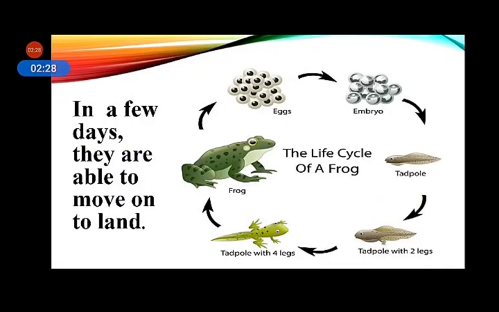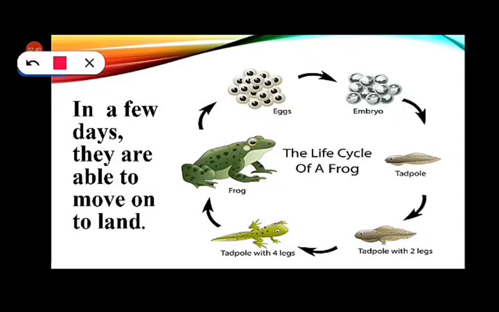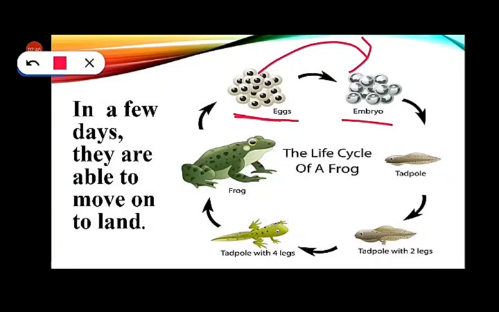In a few days, they are able to move on land. So this is the life cycle of a frog. Look at the picture. These are eggs, then embryo. Embryo means an unborn baby which is in the process of development.